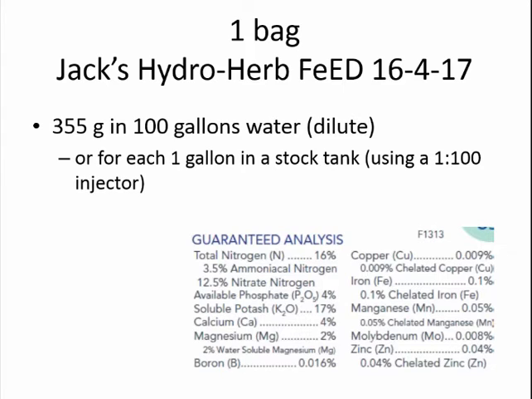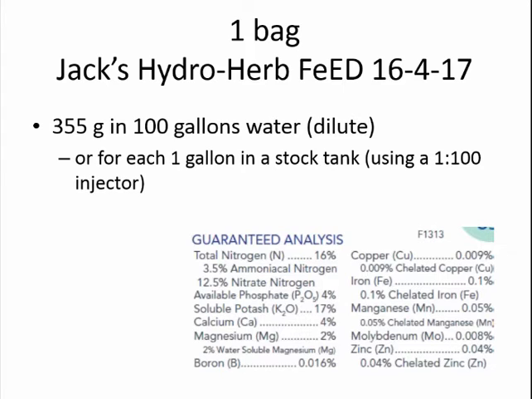However, it is quite low in calcium and magnesium compared to some of the other recipes that I will show you. Because it is somewhat low in calcium and magnesium, it would work well if your operation had relatively hard water to begin with, that is, pretty high calcium and magnesium in your tap water. Otherwise, you may need to supplement those nutrients using a second stock tank, a second injector.